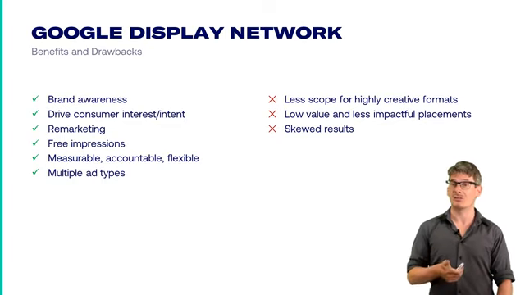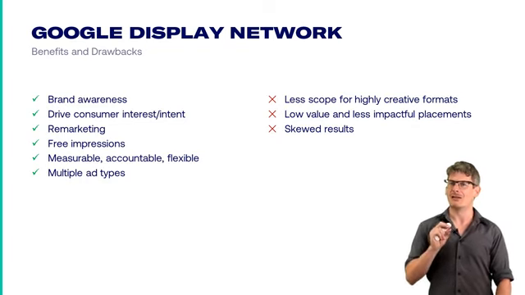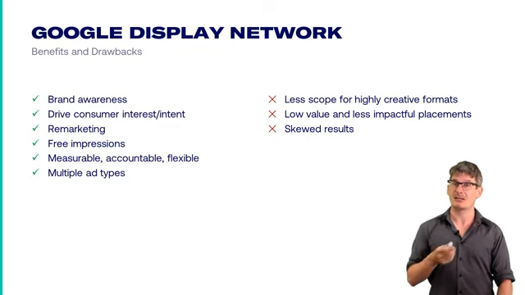Because the Google Suite involves YouTube and a variety of different ad formats, it's a highly flexible option for us. Now, the only drawback is it is very specific in things like file size. While the format and the messaging can be quite creative, the file size is limited to 150 kilobits. So that gives us a limited scope for highly creative options. We can't do certain things with our creativity simply because the files can't be that big.